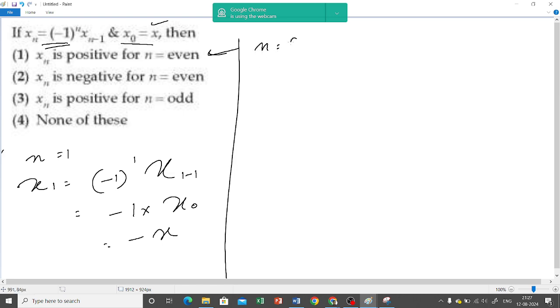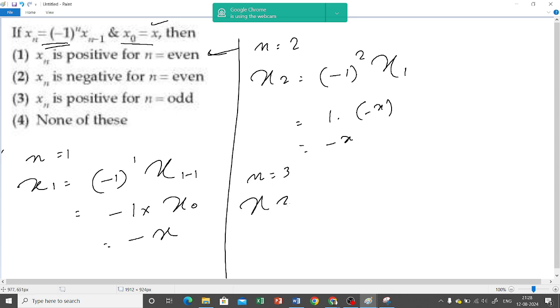When n is equal to 2, so x2 is equal to what? Minus 1 to the power 2, that is positive 1, into x1, and what is x1? x1 is minus x, that we have already got, so minus x. When n is equal to 3, x3 is minus 1 to the power 3 into x(3 minus 1), that is x2. This again gives me 1, and what is x2? x2 is minus x, that is plus x.